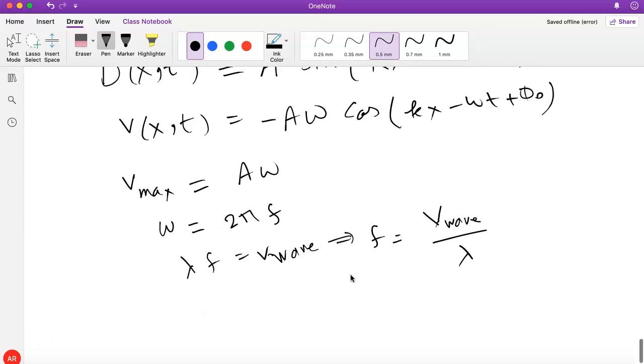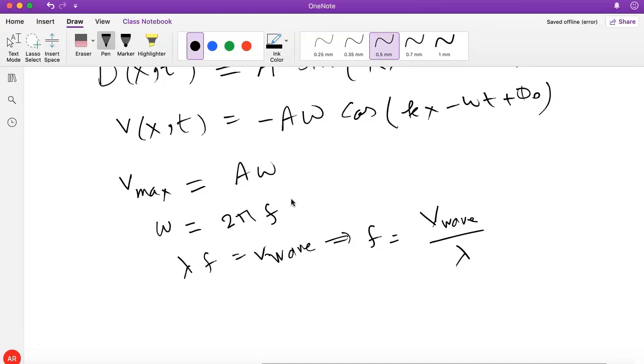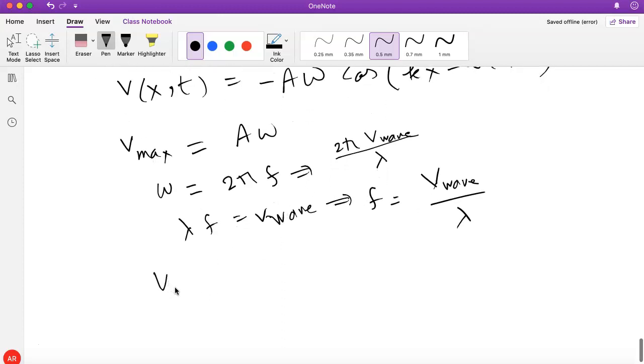So we know omega, right? That's going to be 2 pi, the wave speed we calculated, divided by lambda. Right, so putting that together, we find finally that Vmax, the maximum physical speed of a piece of this rope or a point on this rope, is A 2 pi v wave divided by lambda.